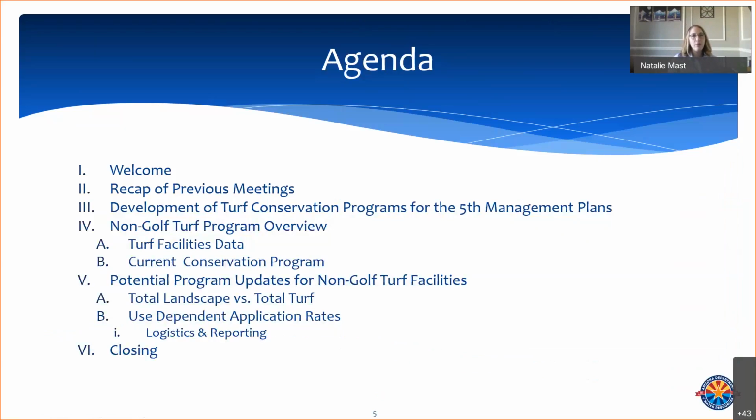So today we'll be running through our standard agenda. We usually recap our previous meetings, so we'll run through a quick recap of what we've done before, and then today's meeting will be entirely focused on non-golf turf facilities.